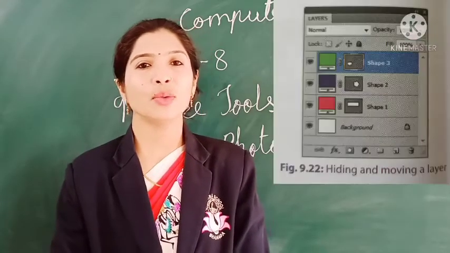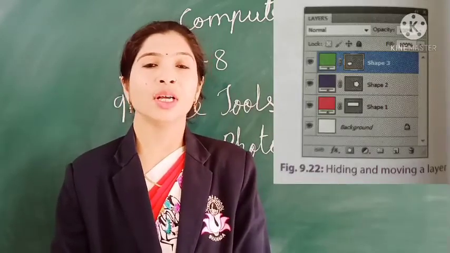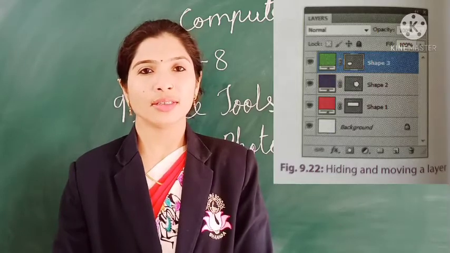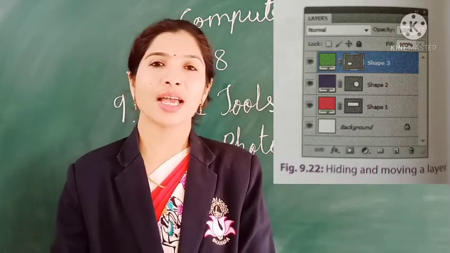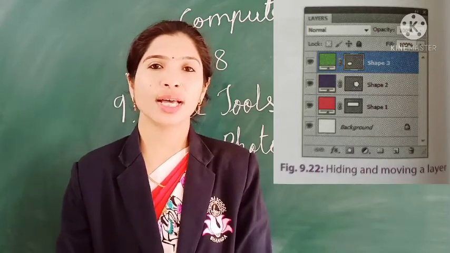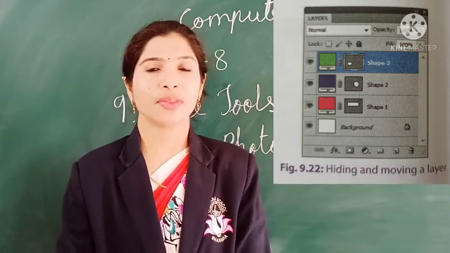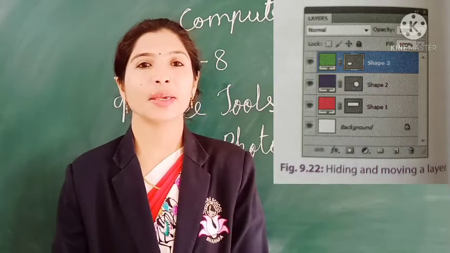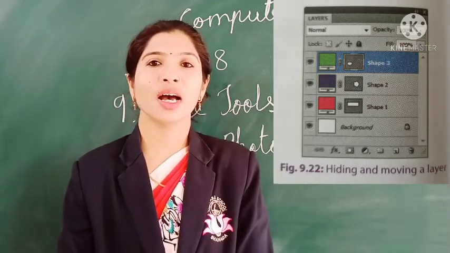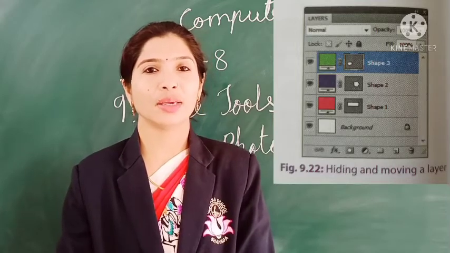Hiding and moving a layer. You can hide a layer so that its elements become invisible from the image. You can also move the layer to some other location in the image.